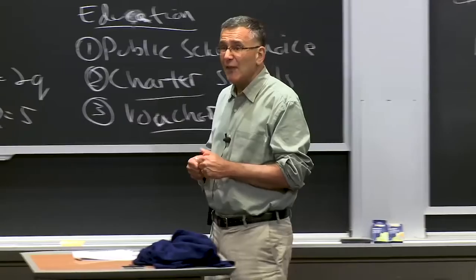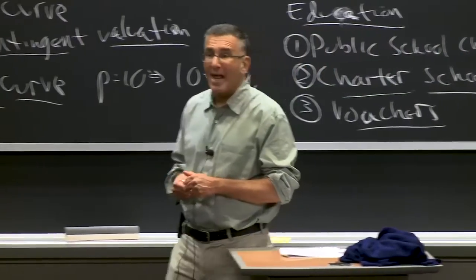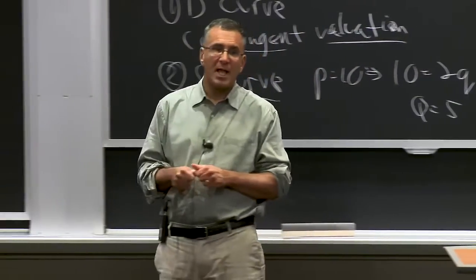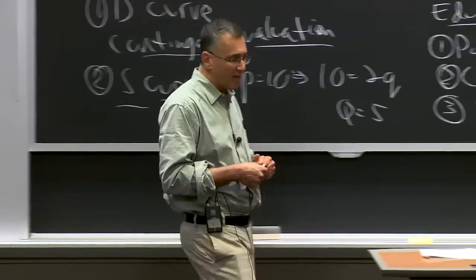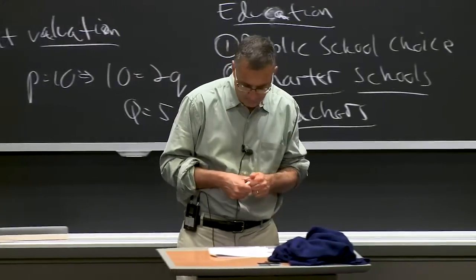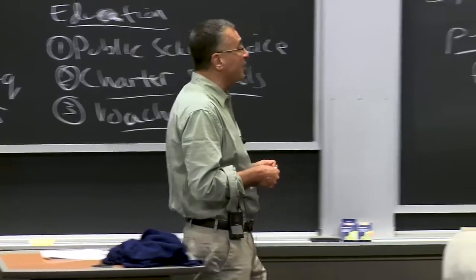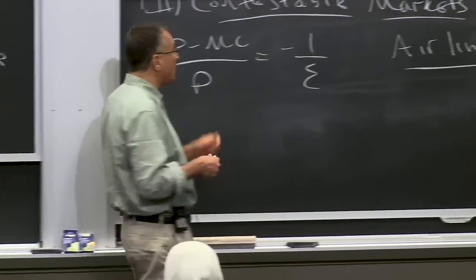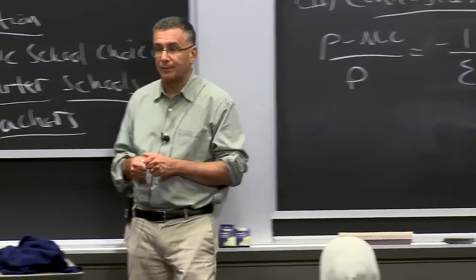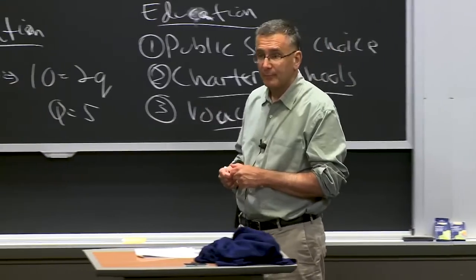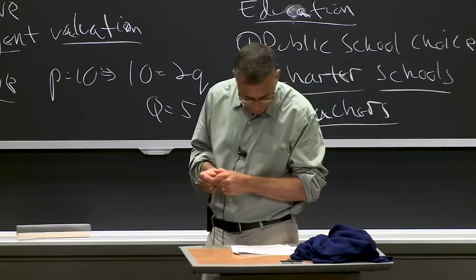If you allowed competition, you would have a lot of entry into this market, and it would function fine. And they argued that if you allowed competition, price would fall very close to marginal cost.